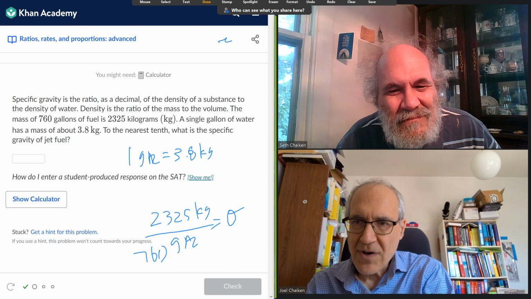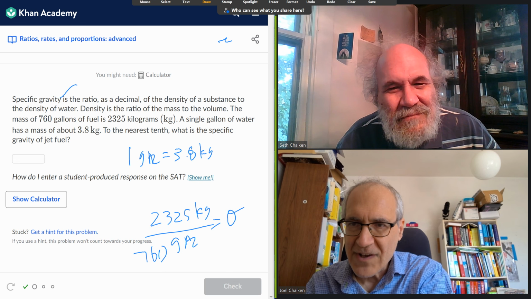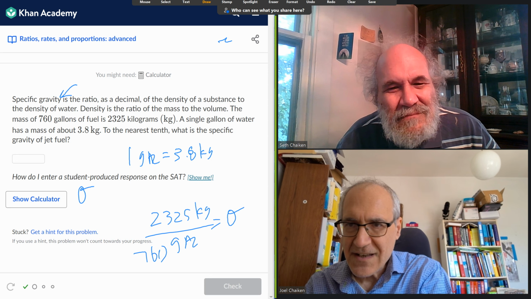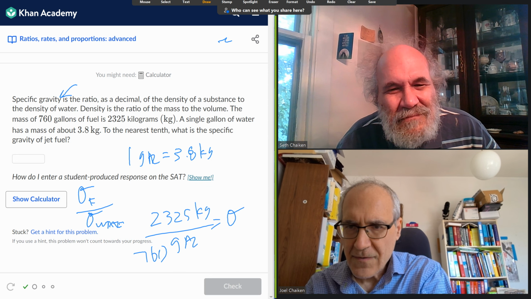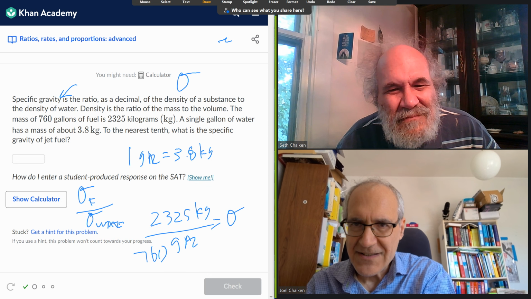Aha, ratio problem, right? Specifically, I have to read what this is. What's the definition of specific gravity? The density of fuel divided by the density of water, right? This symbol here means density. Density of fuel divided by density of water.